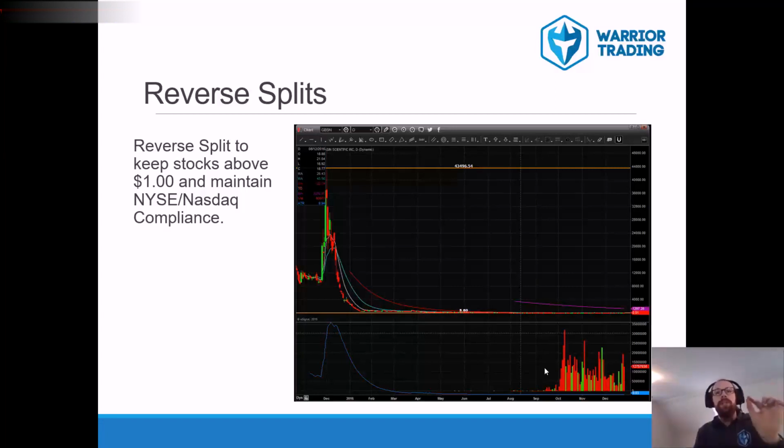You can get a reverse split. The stock starts to put in a little bit of a move, and then maybe the company comes out with a headline, some good news. Maybe they paid off some debt, or, well, they obviously have the news that they're now compliant with NASDAQ, which by itself is good news.